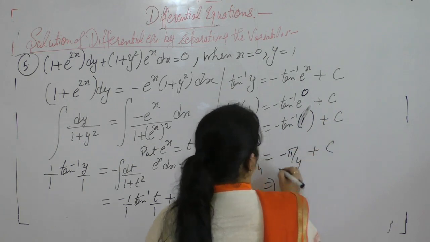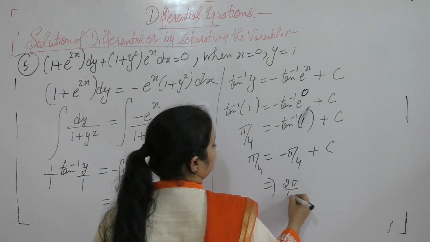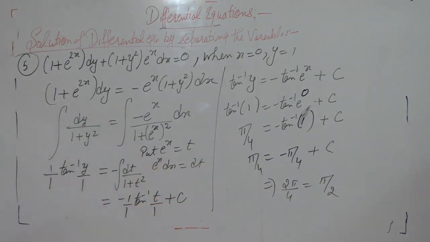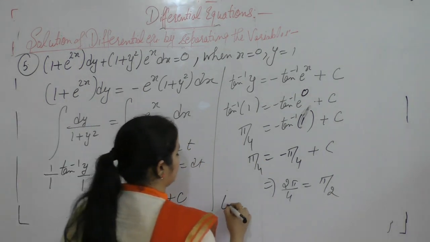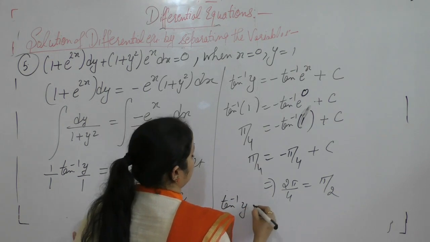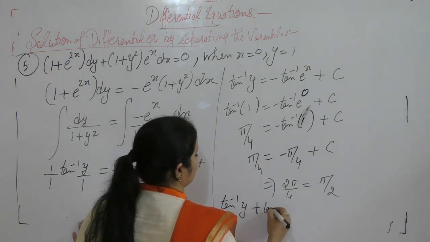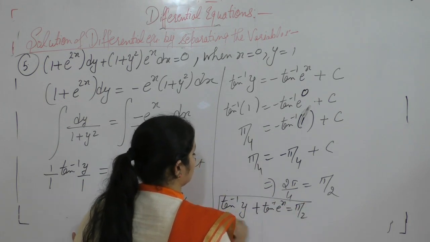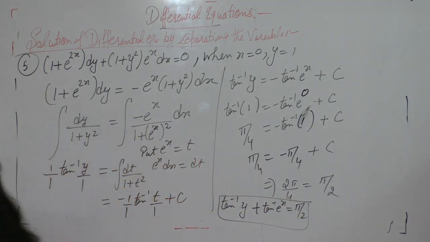So c is pi by 4 plus pi by 4, 2 pi by 4, that is pi by 2. Now put the value of c in the given equation. Tan inverse y plus tan inverse e^x is equal to pi by 2.